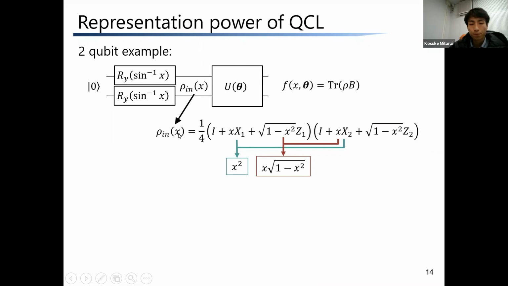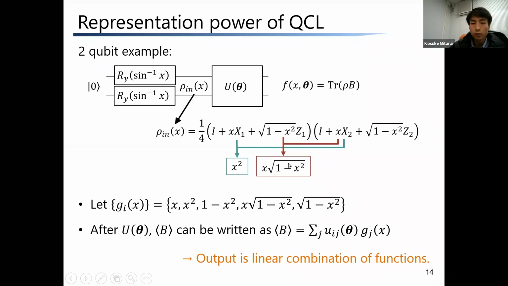And so this density matrix can be written like this, which is a product of these two operators, and this has x, plus the square root of 1 minus x squared. If you combine them by a tensor product, there will be terms like x squared or x times the square root of 1 minus x squared.